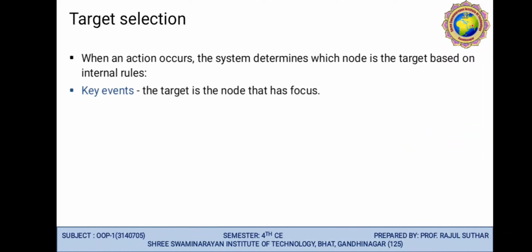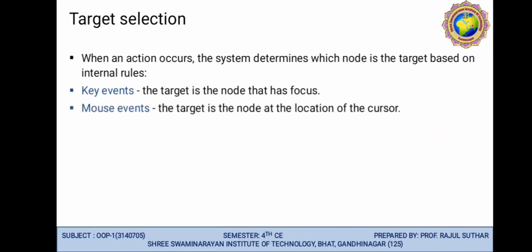KeyEvent: it covers the key events. The target is a node that has focus. We press some key like A, B, C or D; that is the target. We can say the same by using the mouse event. The target is the node at the location of the cursor. Whenever we click a particular action like the left button or right button on the screen, for example when we press the right button, properties will be displayed, or we refresh the page by using F5 as well as right click and just click on refresh.